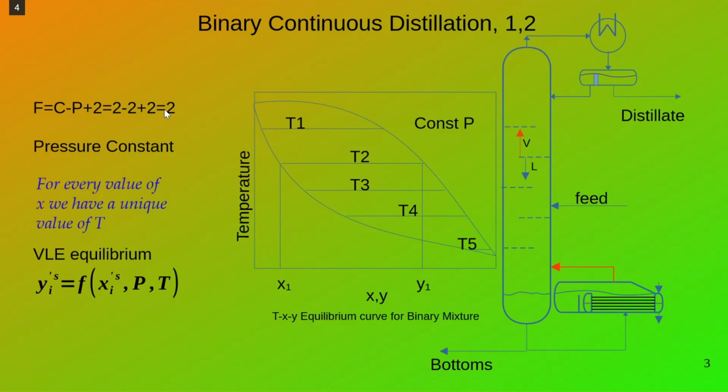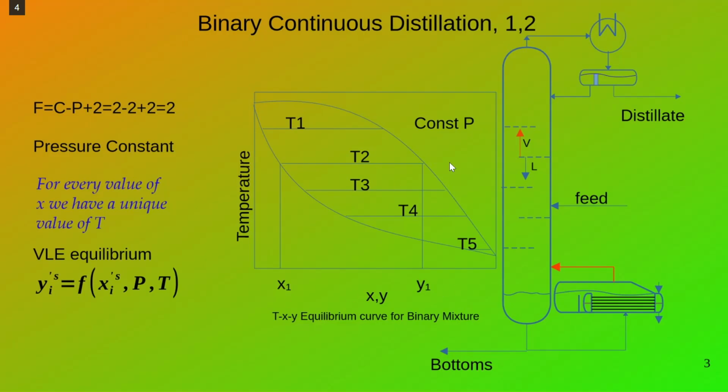Now, since the pressure is constant, one of the degrees of freedom is fixed, that is, pressure now is fixed. The second degree of freedom is the concentration of the liquid leaving on every plate. If we take that as the second degree of freedom, then all the rest of the state variables get fixed automatically.